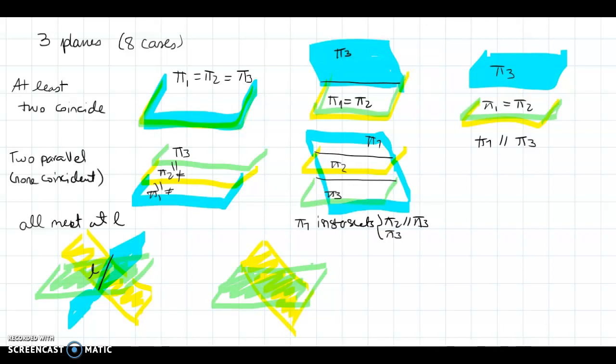Here we have the line where the first 2 cut, so that the third one cuts the line only at one point. So I'll make it something like this. Then the point of intersection will be the point of intersection of the line and the sky blue plane. So here we have all meet at one point.